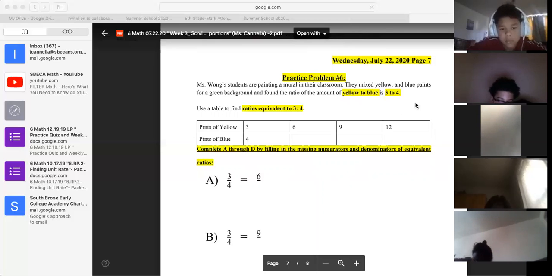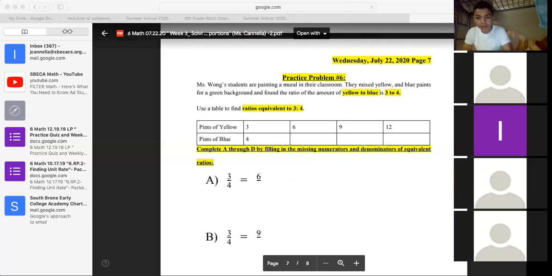Let's read together. Miss Wong's students are painting a mural in their classroom. They mix yellow and blue paint for a green background and found the ratio of the amount of yellow to blue is 3 to 4.